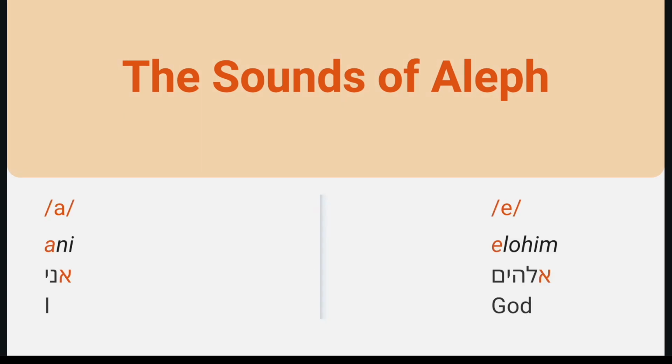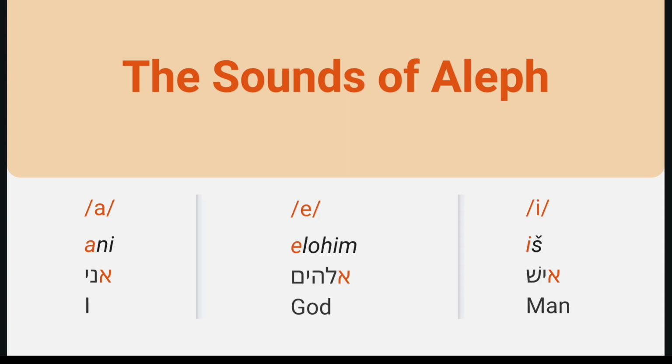Now, sometimes there will be an eh sound associated with aleph, as in one of the words for God, Elohim. Sometimes there'll be an I sound associated with the aleph, like the I sound in machine.